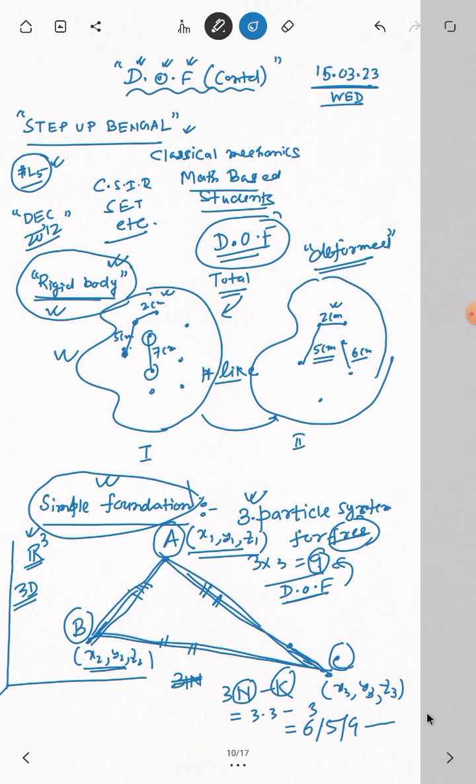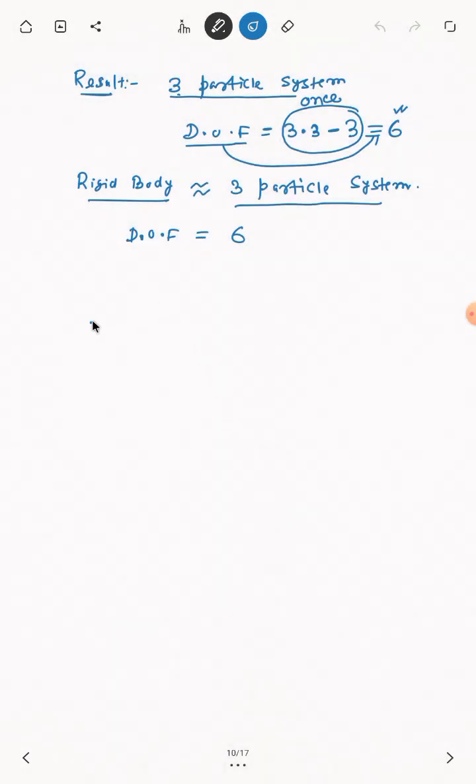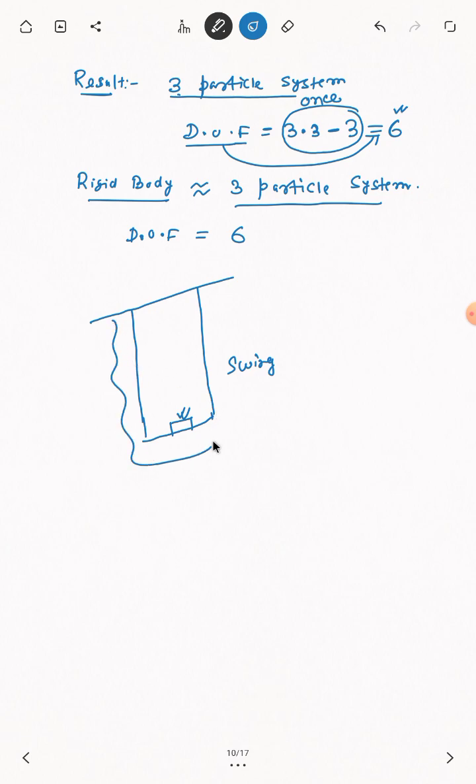So up to now what we are studying, this rigid body. We all know that children play in the park where a small child is enjoying a swing. So this total system where that girl or boy is sitting is one of the simplest examples of a rigid body.